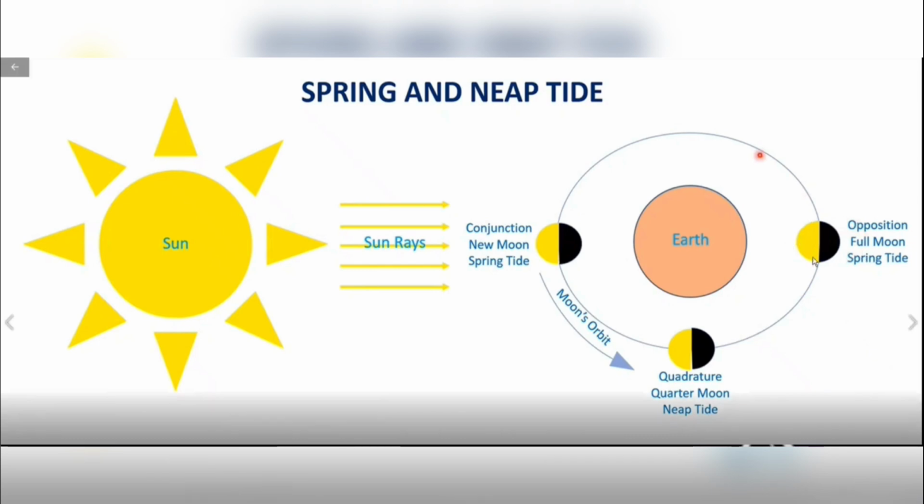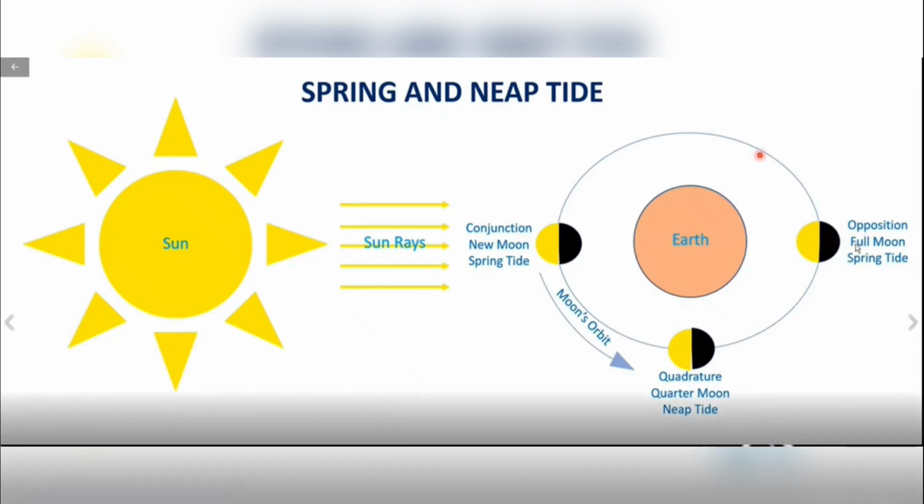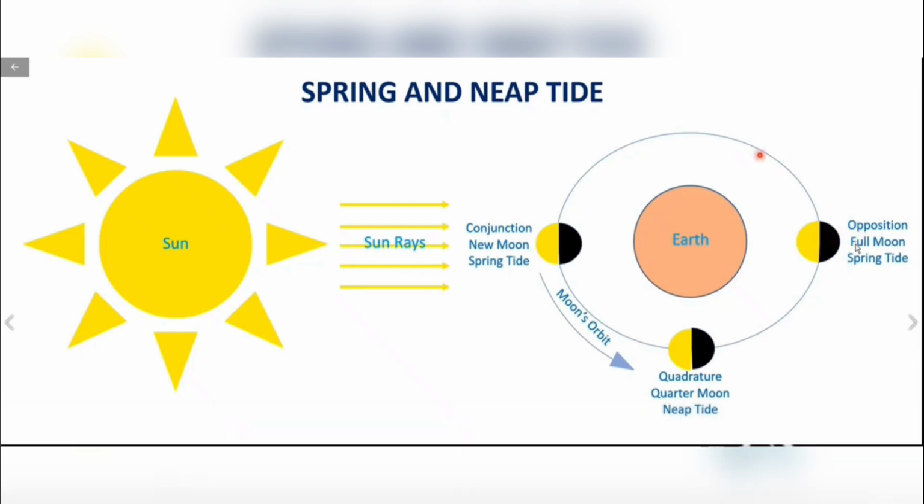So this is also clear, beta. This is called opposition, when the sun and moon are in opposite directions, and we will be able to see the full moon. That's why this is called the full moon day. And on this day also we will have a spring tide, because even though sun and moon are in opposite directions, their effect on water is similar.